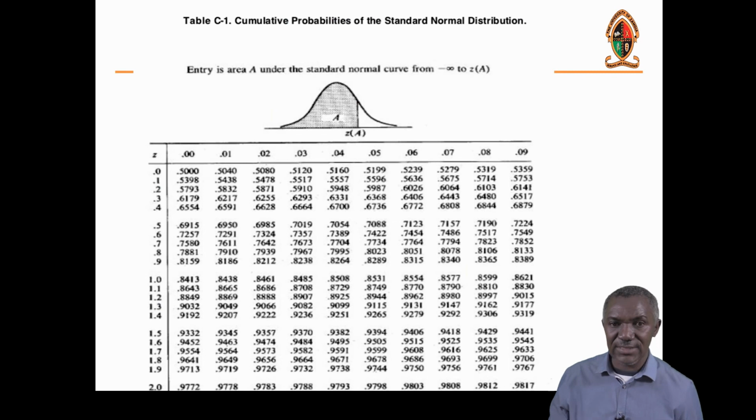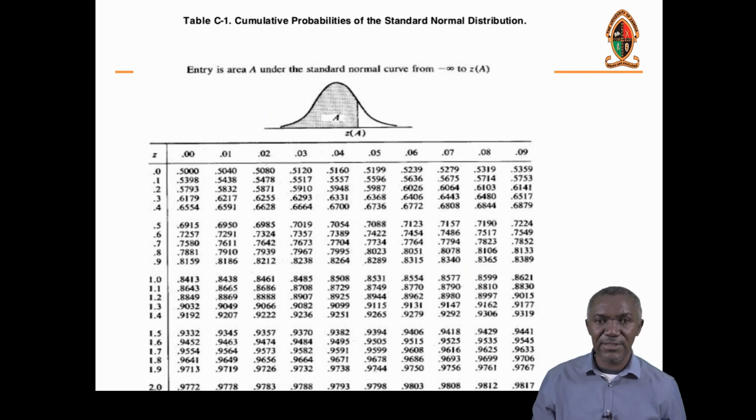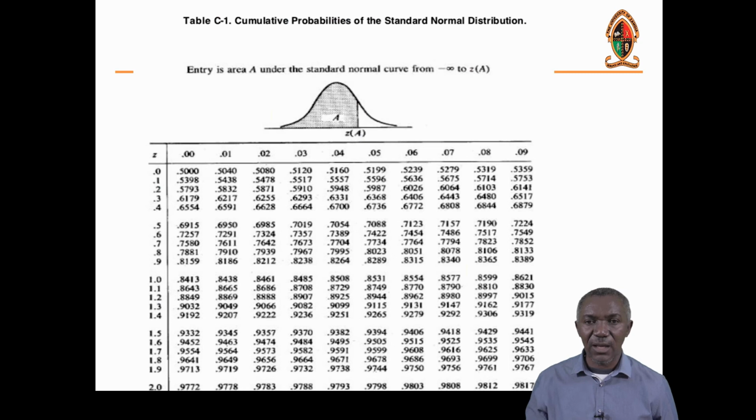So statisticians, as I say, have made things easier for us. They have come up with these tables, which help us to estimate the percentile ranks of a given z-score. So, for instance, in our case, we are talking about a z-score of 2.